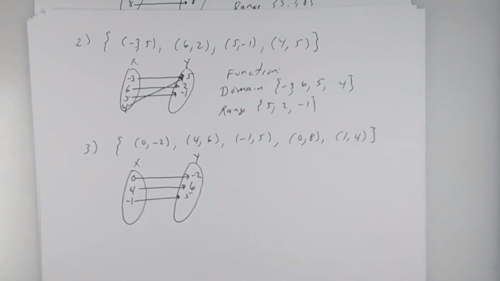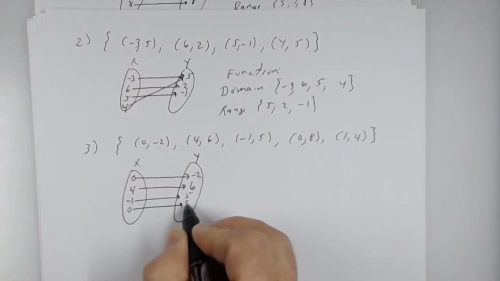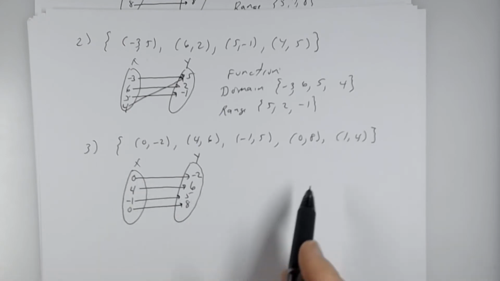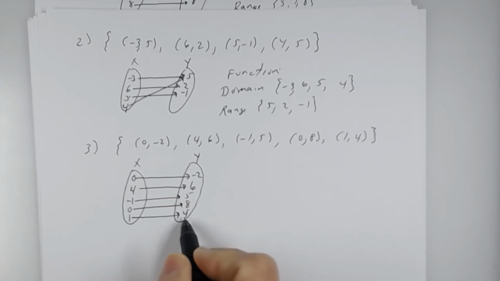So far, it looks like it's a function, but you got to keep on going. For each of those x coordinates, how many y coordinates do we have so far? Just one, right? When x is 0, what's my y coordinate? 8. All right, the last one. When x is 1, what's my y coordinate? 4. So is this a function?